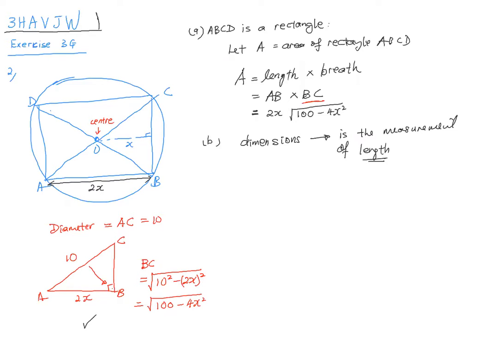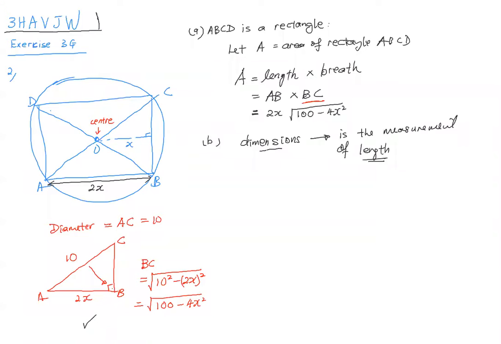If it talks about a rectangle, a rectangle has two pairs of opposite equal sides. So when I say the dimension of a rectangle, I want to know the length and the breadth or the width. If it's a solid, it has 3 dimensions, so you have to tell me the measurement of the length, the width, and the height. That is called dimension.